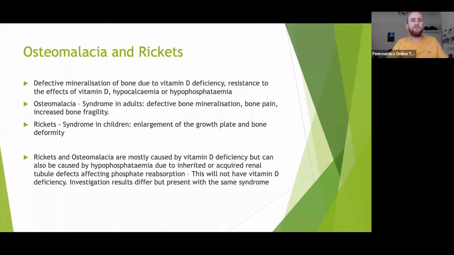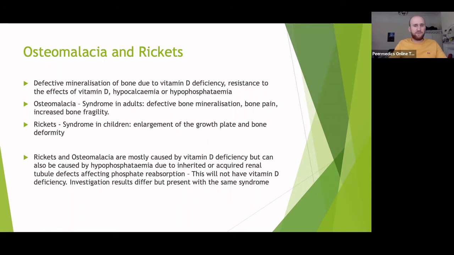Fortunately, it's less common now, particularly rickets. Both of these have the same pathophysiology. They're just slightly different syndromes. Rickets occurs in children, with enlargement of the growth plates and bone deformities. Osteomalacia is the same disease, just a syndrome in adults with defective bone mineralization.